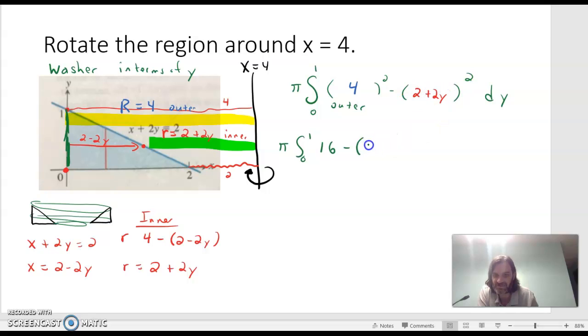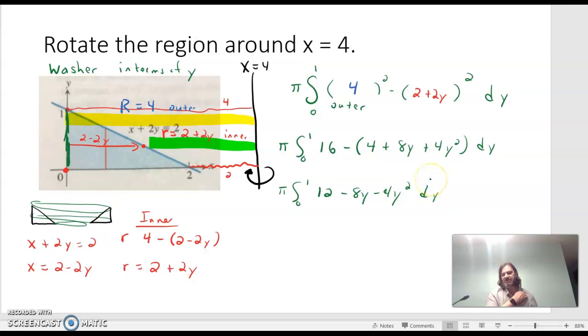So 2 plus 2y squared would be 4 plus 8y plus 4y squared. Now there is a subtraction there, so let's clean that up a little bit. From 0 to 1, 16 minus 4 would be 12, minus 8y when I distribute the negative, and minus 4y squared dy. So we got to integrate, then we got to plug in.